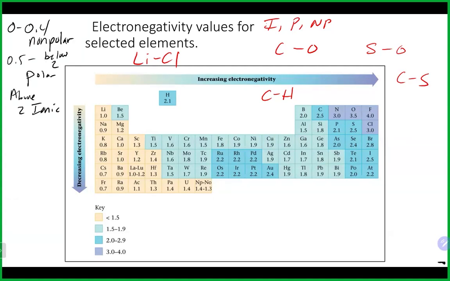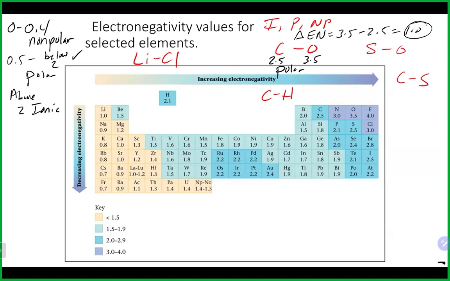Okay, so let's take a look. Once again, these values would be provided for you. You just want to find the two that are within the bond. So we'll start with carbon and oxygen. From the table, we can see it's 2.5 for the carbon and 3.5 for the oxygen. We take the larger number minus the smaller, 3.5 minus 2.5, which gives us a difference of 1. That puts us between 0.5 and below 2, which tells us this is a polar bond.